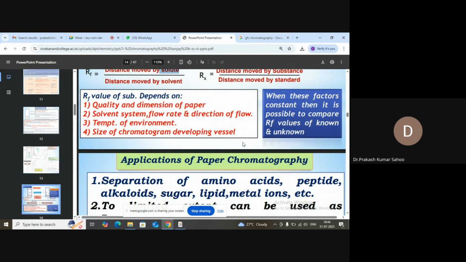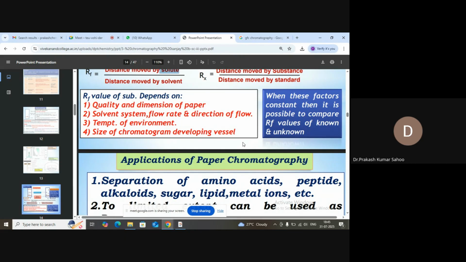Retention factor values of substances depend on the quality and dimension of the paper. Yes, it is correct: the quality of the paper and the dimension of the paper affect the value of Rf. Also the solvent system, its flow rate, and direction of flow.